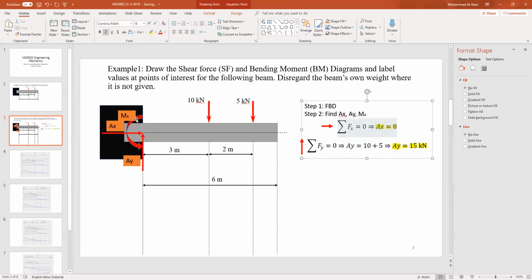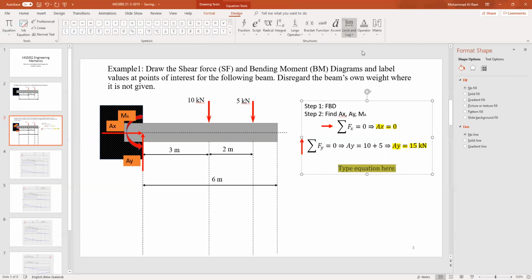Now I need to determine the value for MA, which is very interesting. This MA, we haven't done it before because in fixed supports or rollers, we don't have a moment, if not specified there. But in this kind of application, definitely we have a moment and we need to show it. So algebraic summation of moments around point A equals 0.